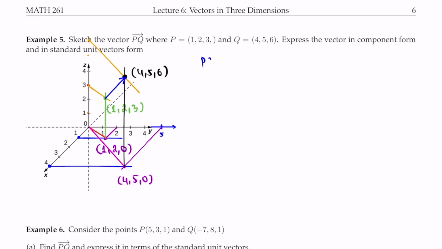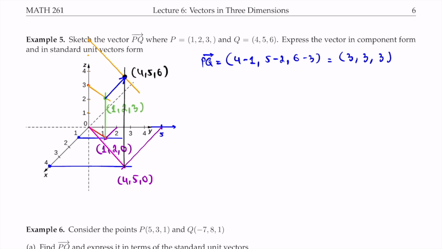So to calculate vector PQ, you do 4 minus 1, 5 minus 2, 6 minus 3. And you get 4 minus 1 to be 3, 5 minus 2 to be 3, and 6 minus 3 to be 3.